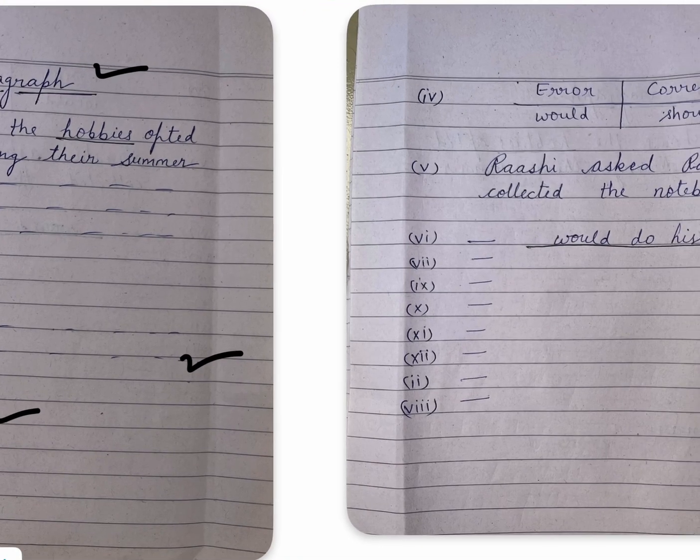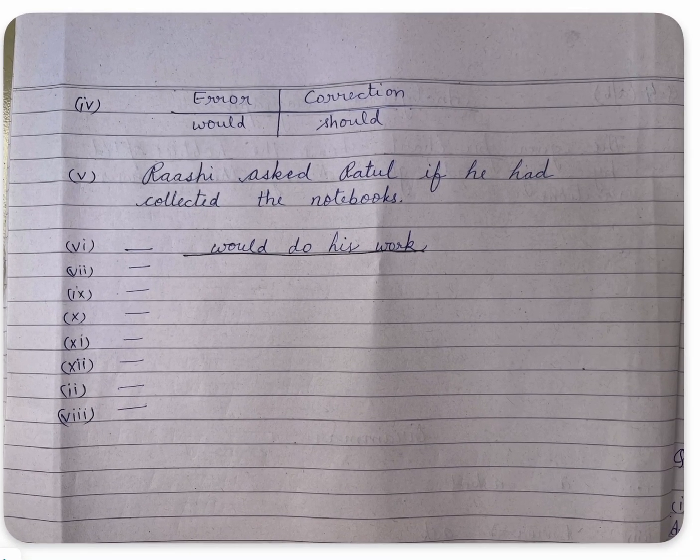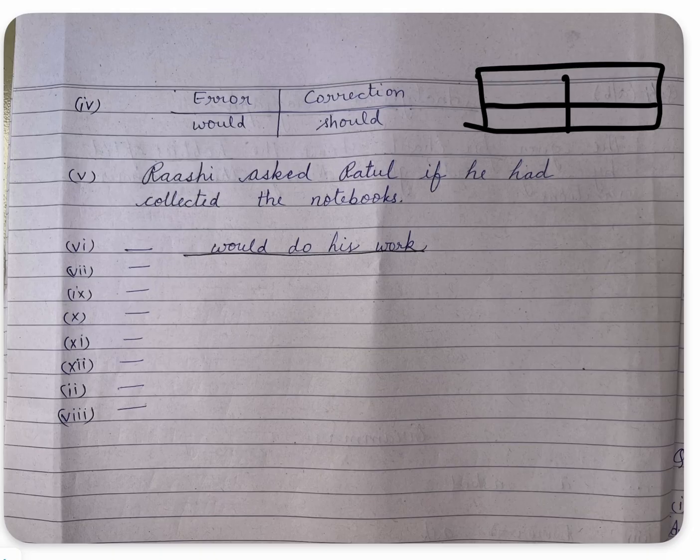Apart from that, you can solve this type of question in another way also. You can draw a table form or a box, then write error and correction, and do mention the error and correction. I have used this one also. Suppose a question is of reported speech and you are to convert the direct speech into indirect speech, then you are to write down the full answer.